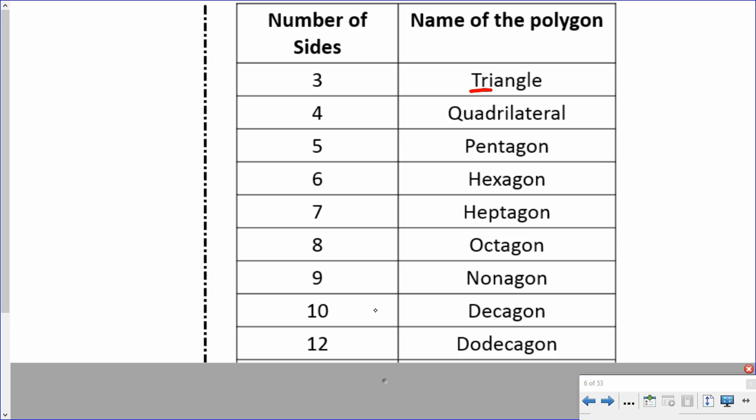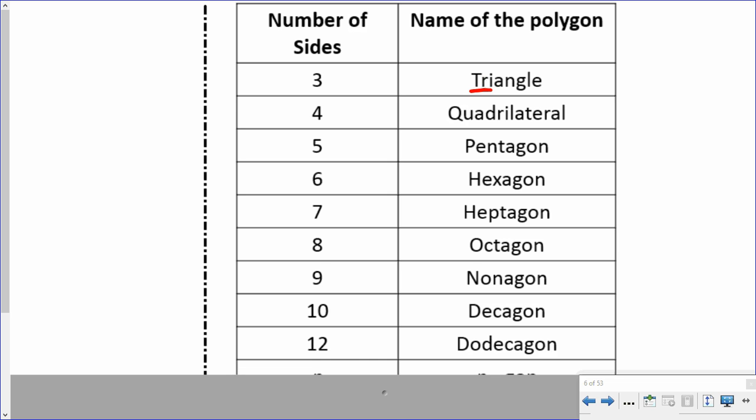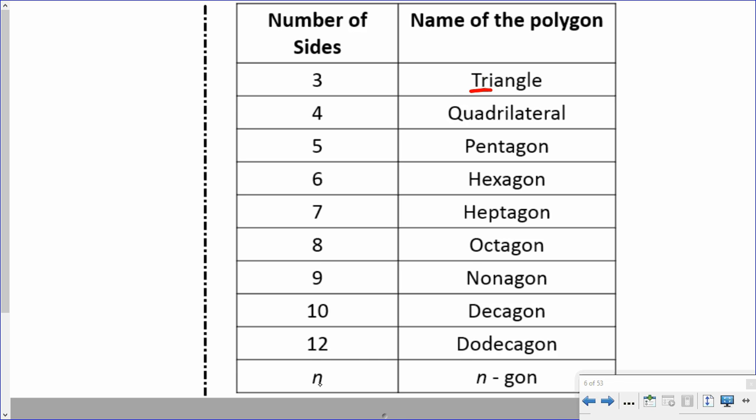So decagon is the 10, and then the un in front would be like adding one more to it, but we won't use that one as much as we will use these other ones. 12 is a dodecagon, so decagon is 10, the do in front is the extra 2, so dodecagon is 12. And then after that, we get less creative. So if we have n sides and it's bigger than 12, like if I had a 13-sided figure, so if n equals 13, this would be called a 13-gon, just 13 dash gon.